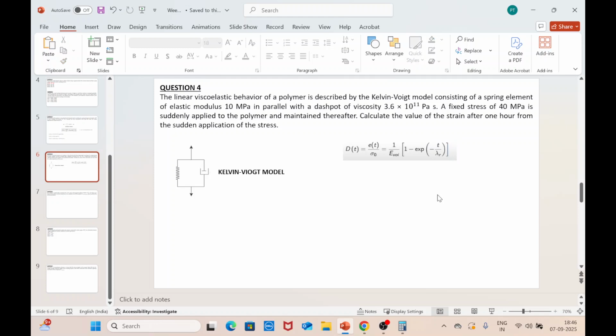I think it's a very similar model to what we saw in the last question, so I hope everyone will be able to solve it. Please let me know the answer. Again, you know how to calculate the relaxation time. The value of t, you know, is after 1 hour. You have the modulus, you have the viscosity value, you have the fixed stress value.